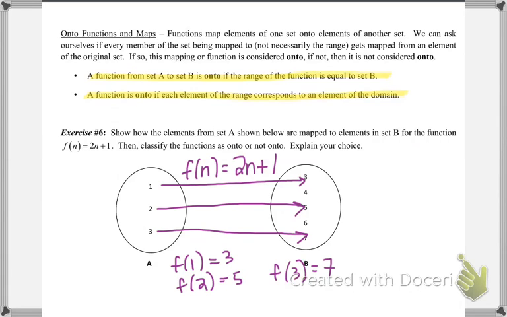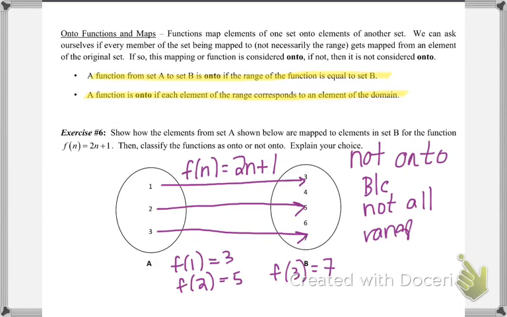It is not an onto because not all range values were the result of mapping.